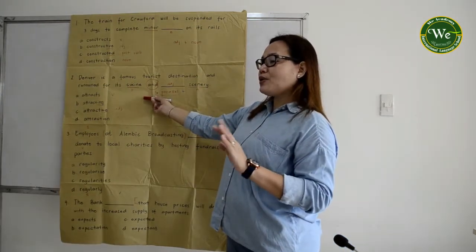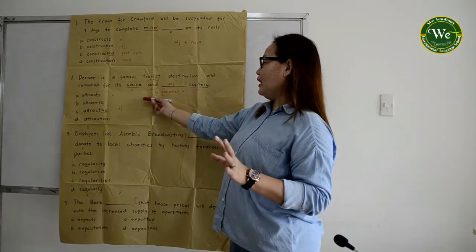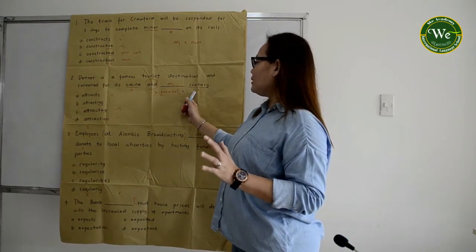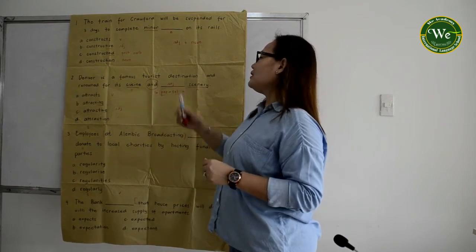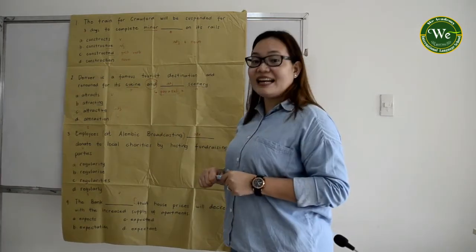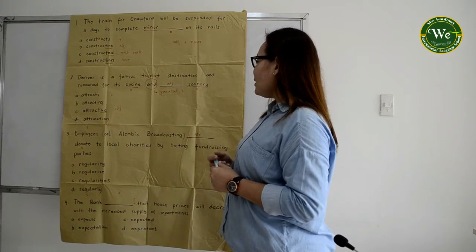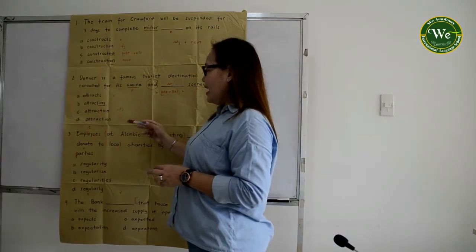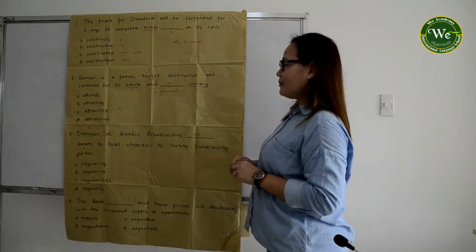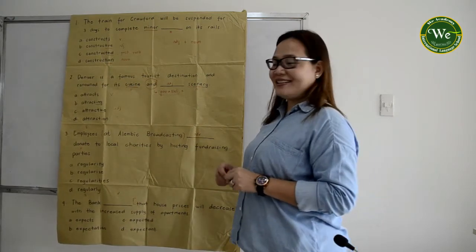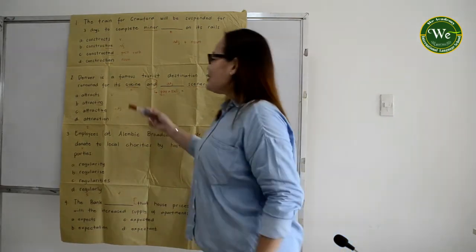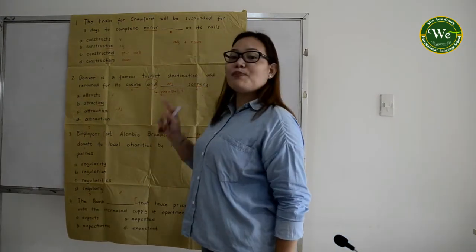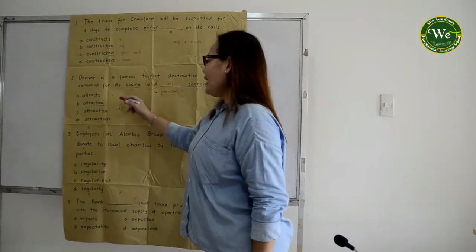So let's go back to our basic sentence pattern. What we have to fill in there is of course an adjective. Which do you think here stands as an adjective? Is it A, B, C, or D? A is a simple present verb.